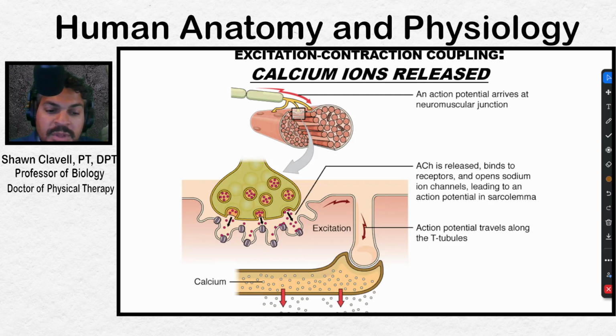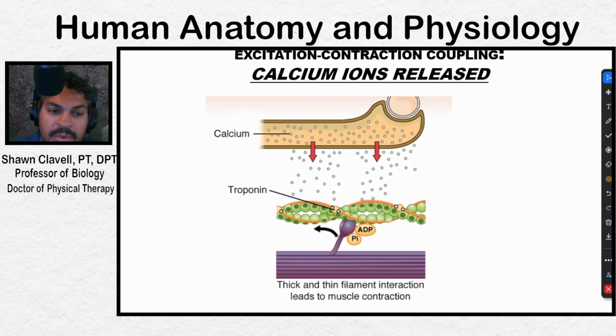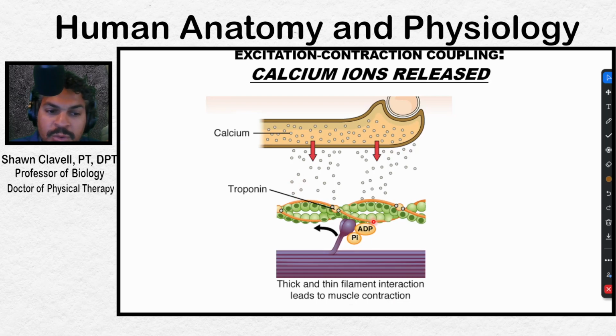Once calcium is released, remember that there are the two regulatory proteins on actin, troponin and tropomyosin. There is the myosin here in the middle. So once calcium's released, this is where we get the actions of the cross bridge cycle.